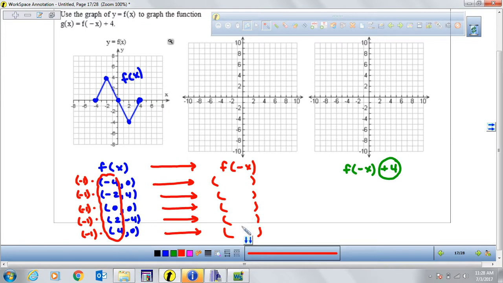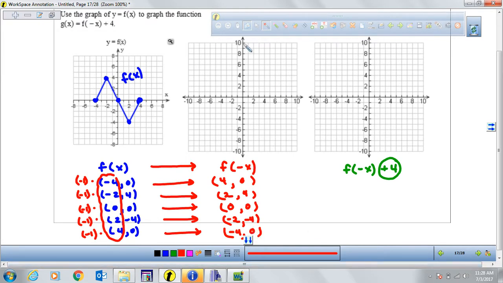So if I multiply those x values by -1, they change signs: +4, +2, 0, -2, and -4. The y values stay the same: 0, 4, 0, -4, and 0.